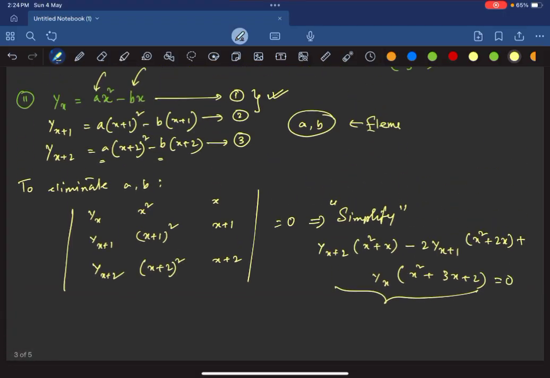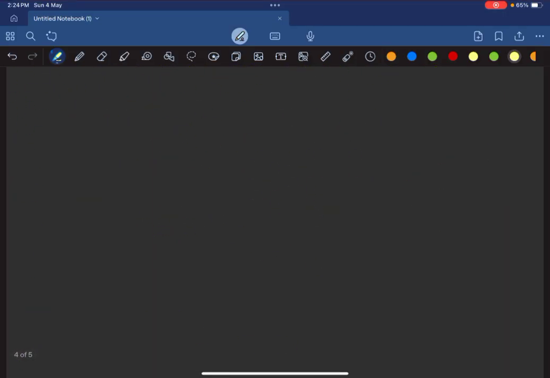Likewise, if you consider the third problem, it says that y_x is a/x + b. Again, two arbitrary constants you have, so the equation will be of order 2. In that case, y_{x+1} you will find is a/(x+1) + b, and y_{x+2} is a/(x+2) + b.